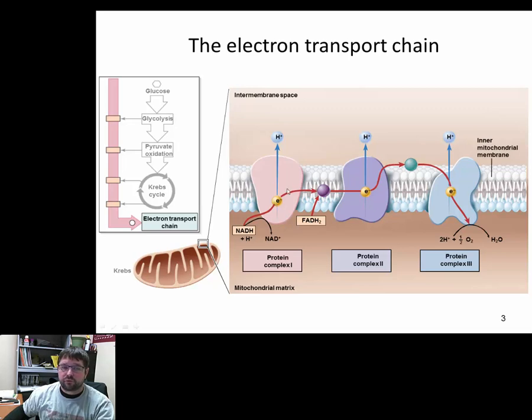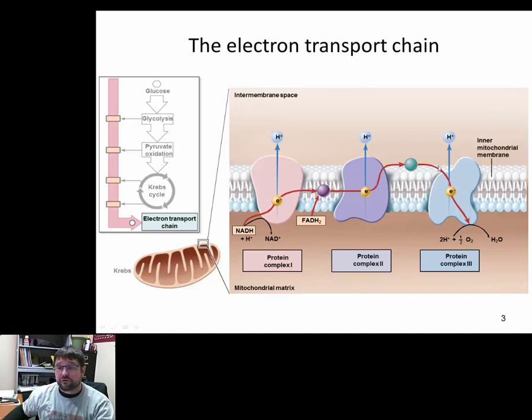As the electron moves through the protein, protons are pumped across this gradient to make a high proton gradient in the intermembrane space. FADH2, which is a different electron carrier molecule, is going to donate electrons also, and we call this protein complex 1 and protein complex 2 because these different intermediate molecules are donating electrons at different areas.